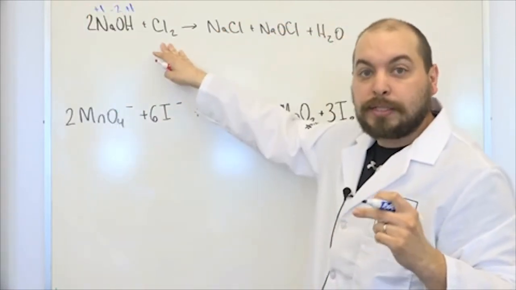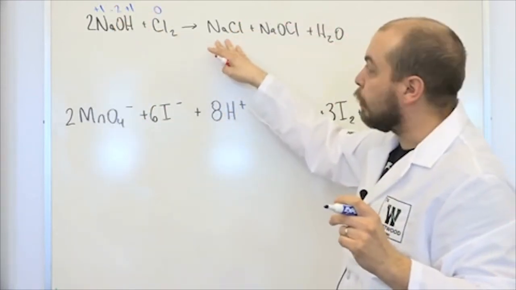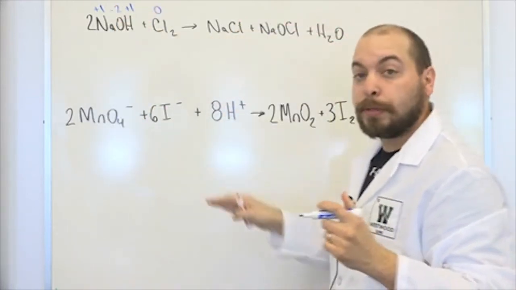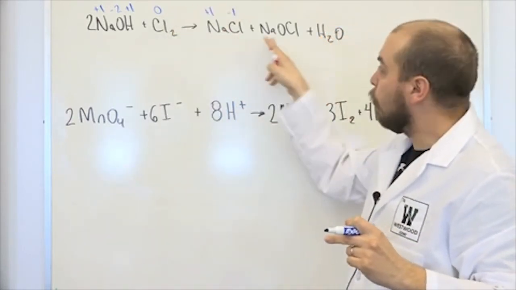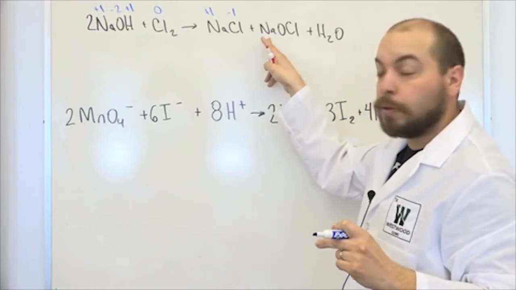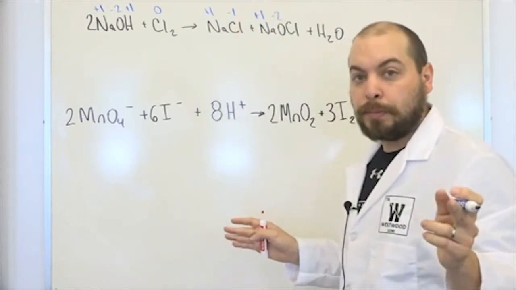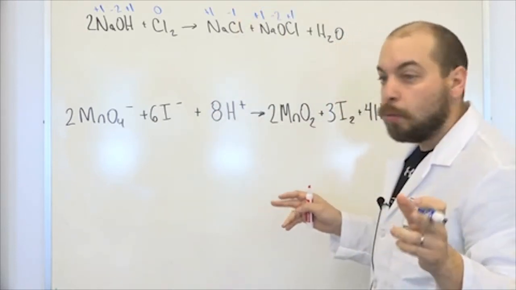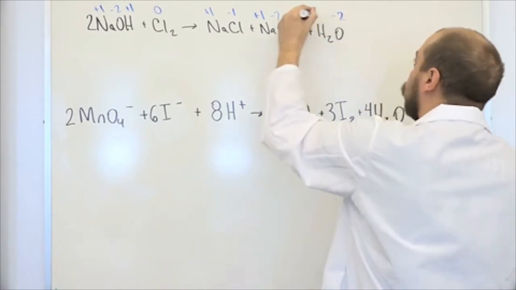Chlorine, because it's in its elemental form, has an oxidation number of 0. Looking at our products, in sodium chloride, sodium is +1 and chlorine is -1. In sodium hypochlorite, sodium is +1, oxygen -2, and chlorine +1. And in water, oxygen is -2 and hydrogen is +1.